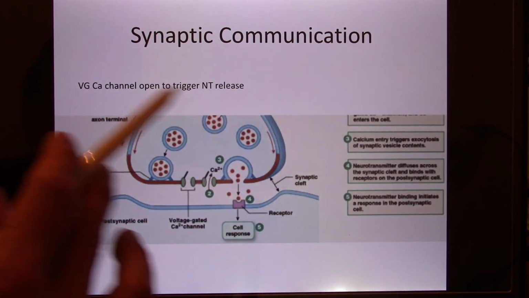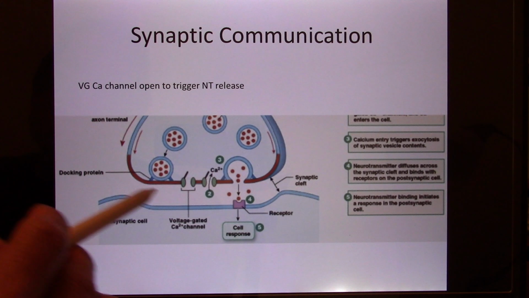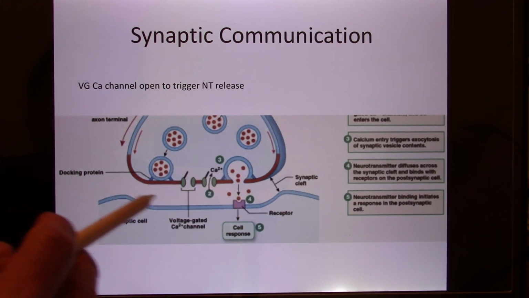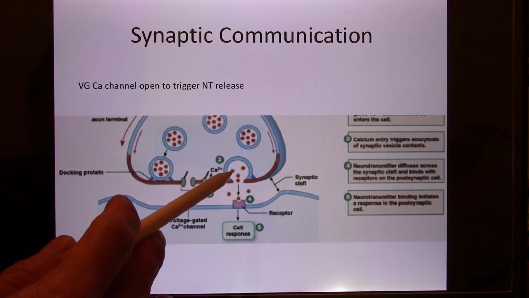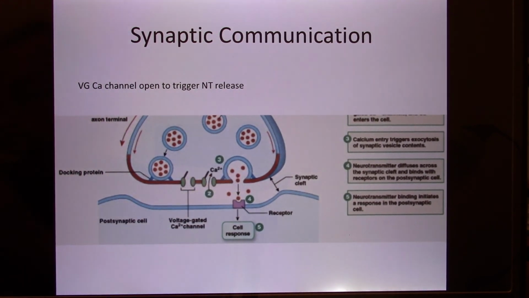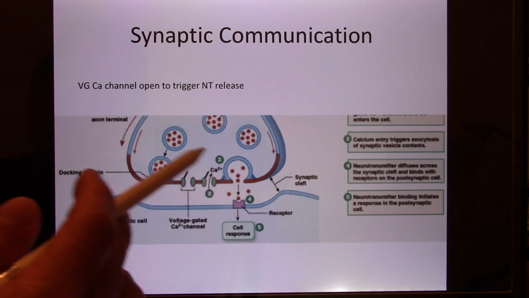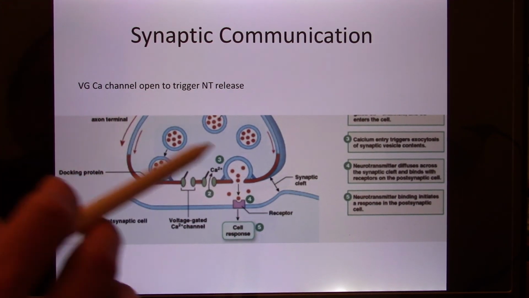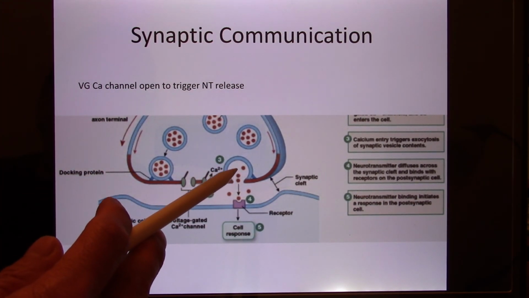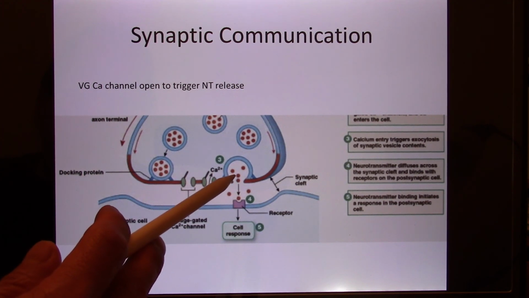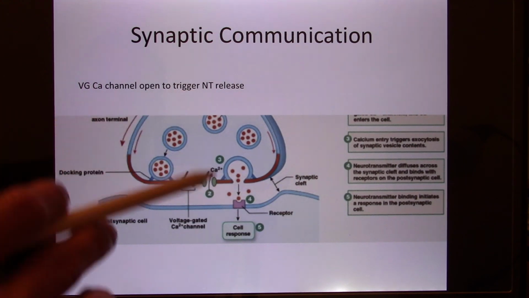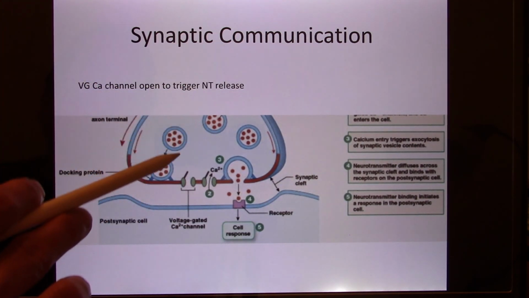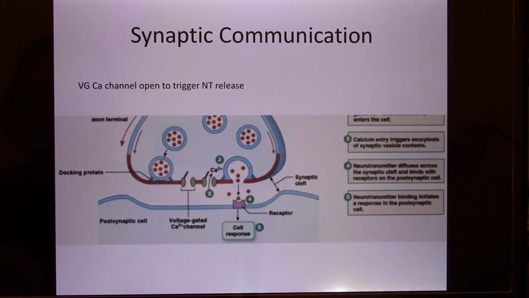When you open the voltage-gated calcium channel, calcium flows in and triggers the fusion of the vesicle. That's exocytosis, which is releasing out. It happens in neurons and in endocrine cells. When they fuse, the neurotransmitter diffuses simply from here to here, and can bind with the receptor. So they transfer the electrical signal to the chemical signal. Okay, let's take a break.